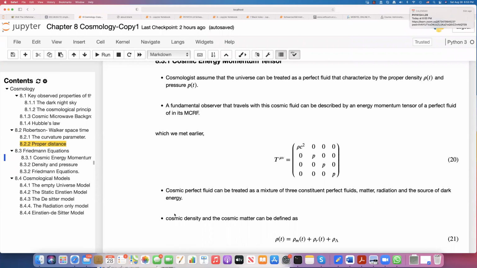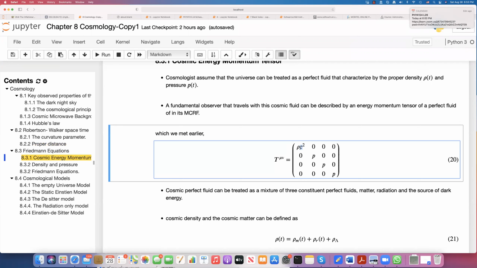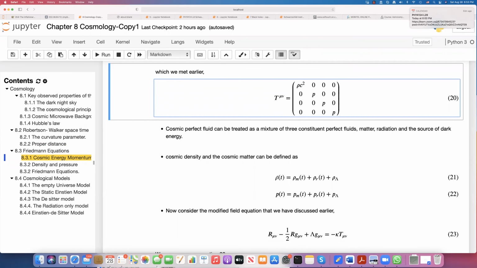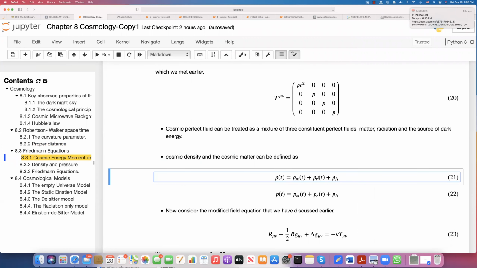And because of that, if you take each of these terms, the first one is the density, and the other two terms are pressure terms, right? Now this density, or the proper density, is a combination of matter density, radiation density, and the density that comes from the dark energy, right? Once again, the density consists of three main parts: matter density, radiation, and dark energy.